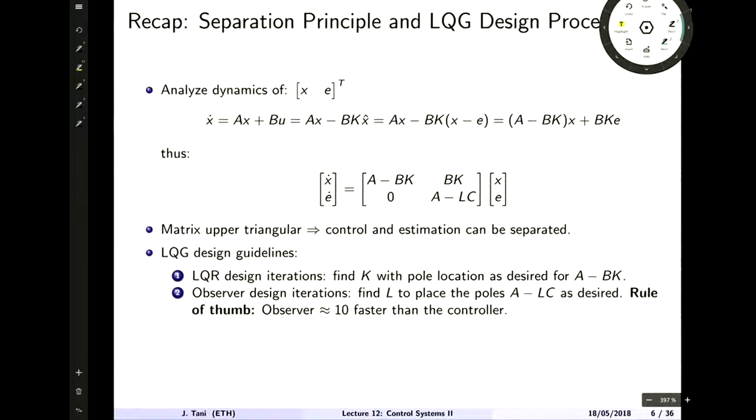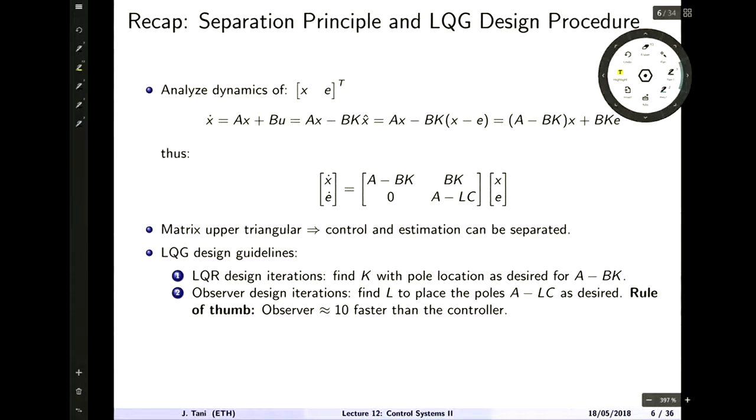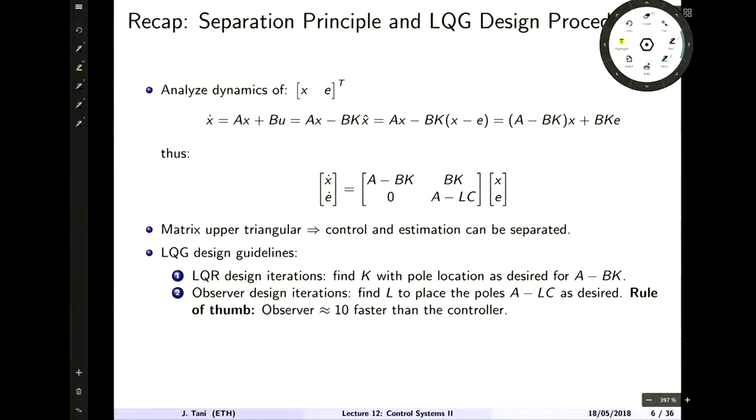Okay, let's get on with the last recap slide, and actually that's quite an important piece of theory, which is called the separation principle. So what are we doing? We've seen we have a control problem, which is concerned with the dynamics of x, the state, and we have an estimation problem, which is concerned with the dynamics e of the error.